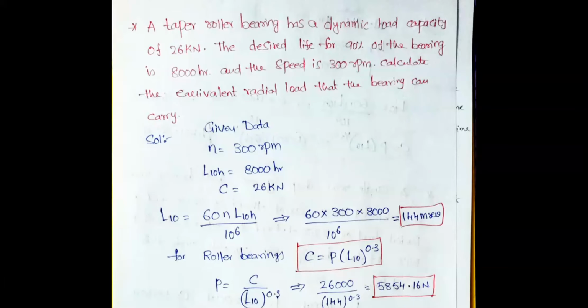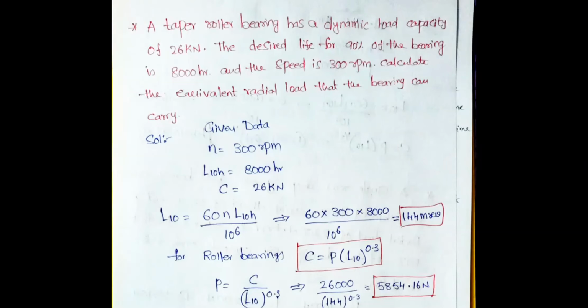First is the dynamic load capacity of 26 kilonewtons. What is the term we are using for dynamic load? There are two terms: the dynamic load carrying capacity is C, and the static load carrying capacity is C naught. Please note this down, otherwise you will get confused looking at your data book.